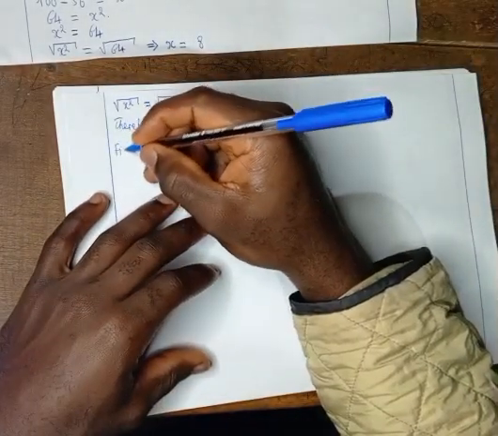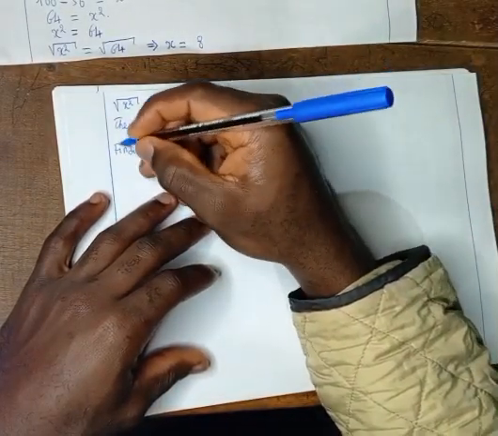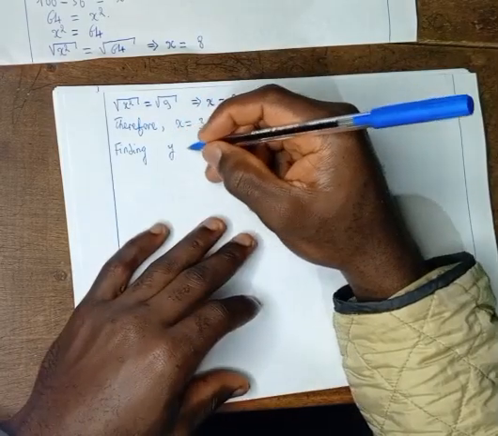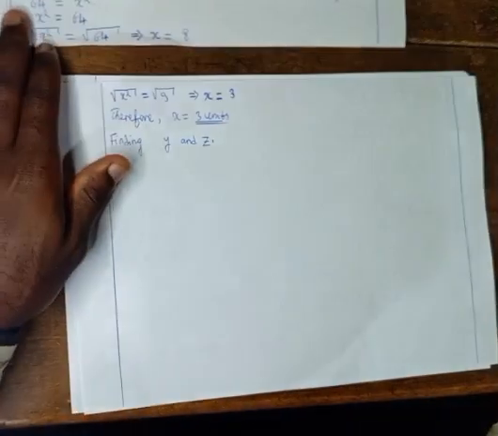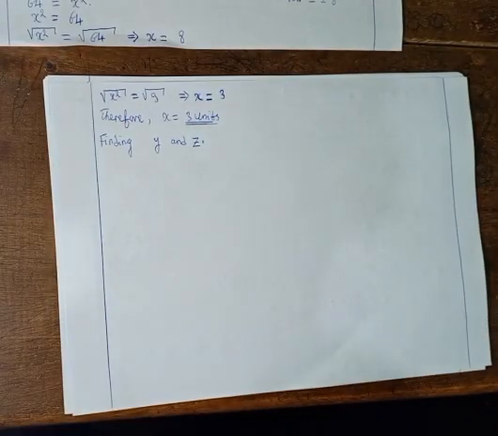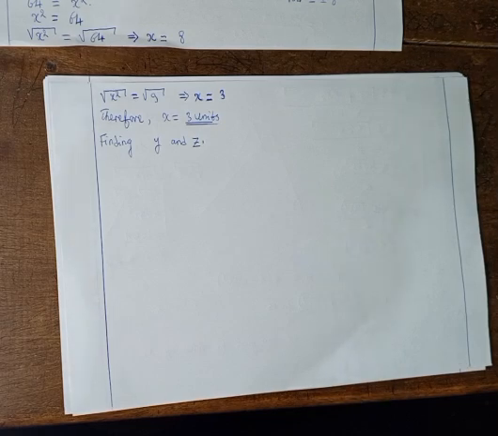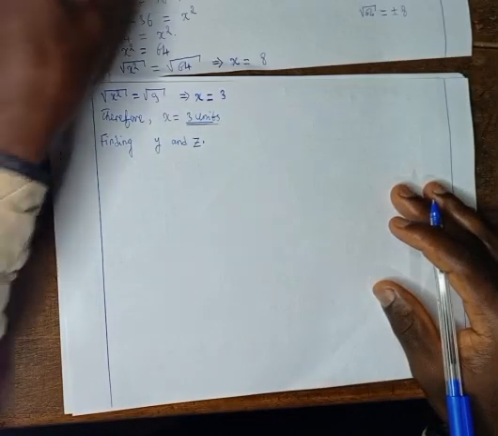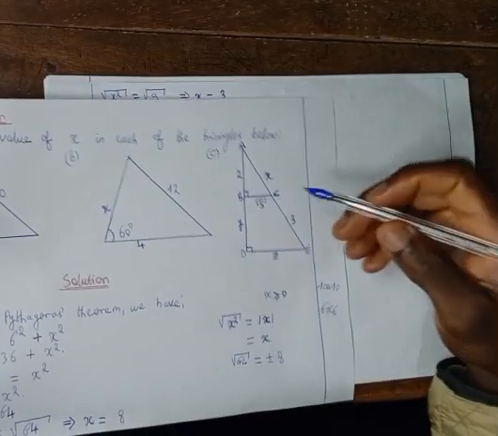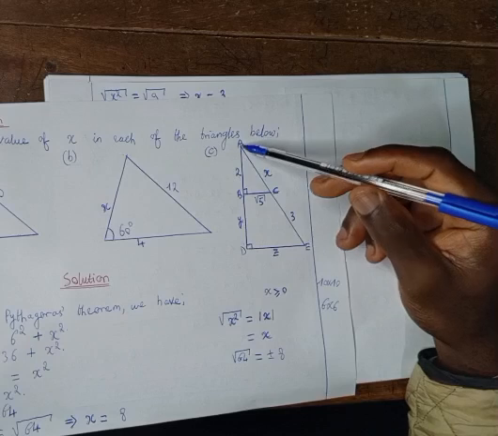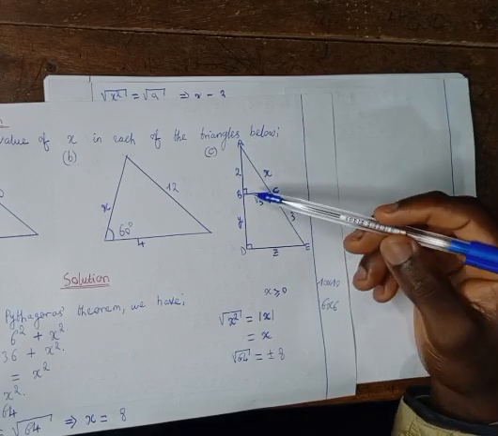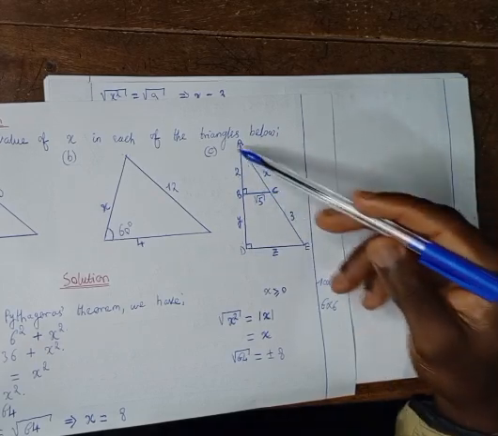Finding y and z. For us to get y and z, first thing we know is that these two triangles, triangle ABC and triangle ADE, are similar.